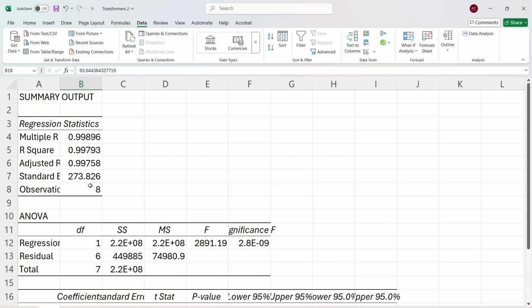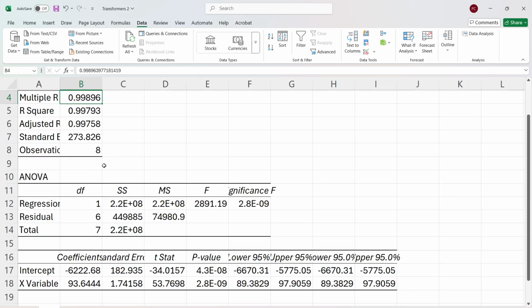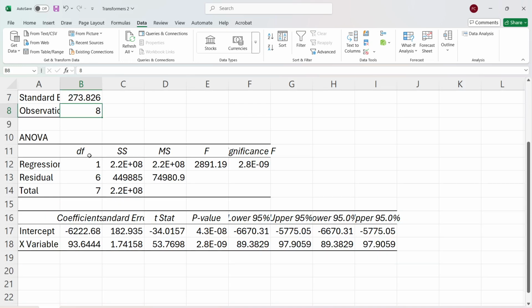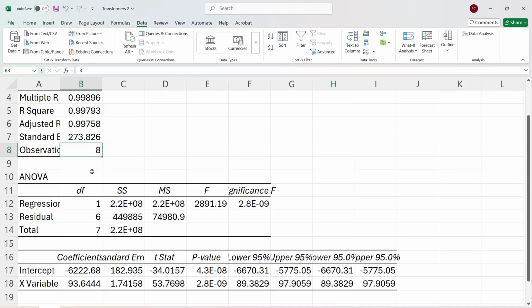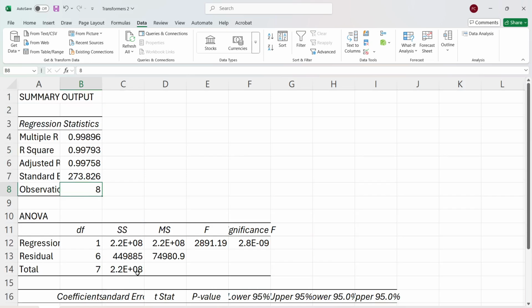The rest of these, like r squared, adjusted r squared, multiple r, you might recognize that as the correlation, and of course 8 observations I think you'll be able to recognize as a number that you do know from this data set. The rest we will put together step by step, starting in Module 2.